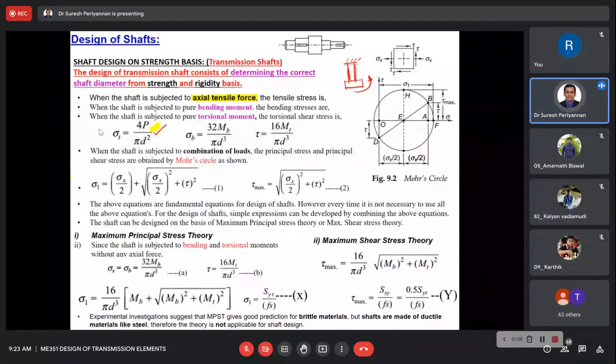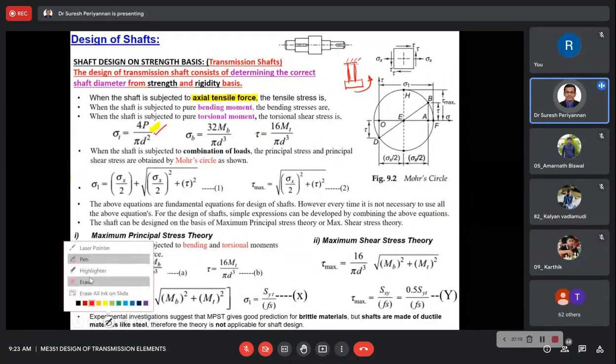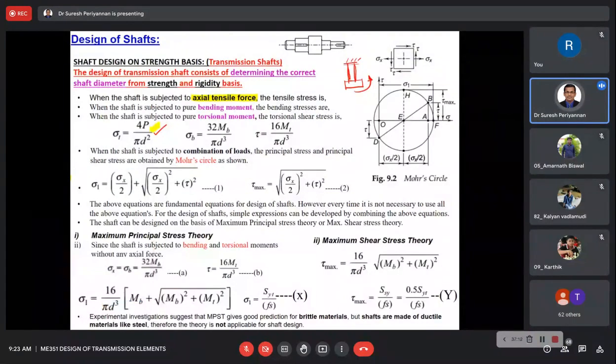Now the second one, bending load, right? When the shaft is subjected to bending moment, this you know very well.